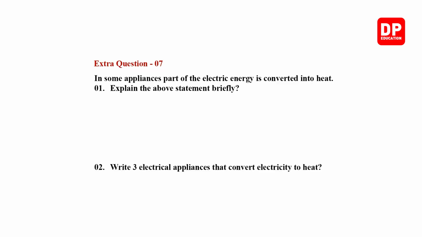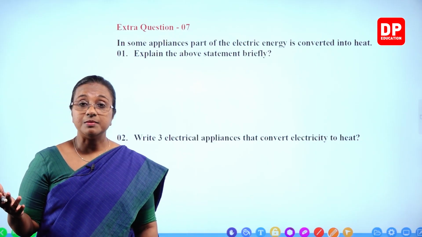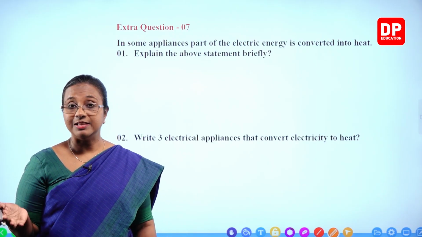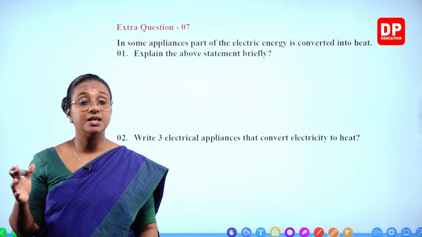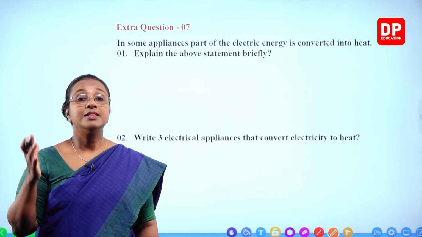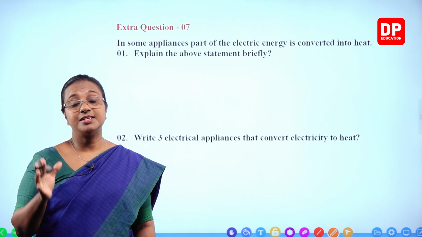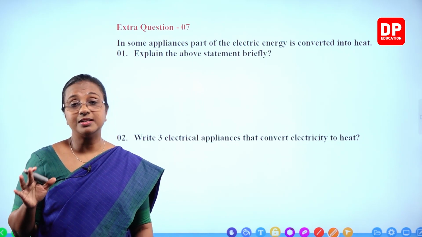Extra question 7. In some appliances, part of the electric energy is converted into heat. So, you know that. Say in a filament bulb or a radio, television, a part of the electric energy is converted to heat. Why is that? There is internal resistance in that particular electrical appliance.